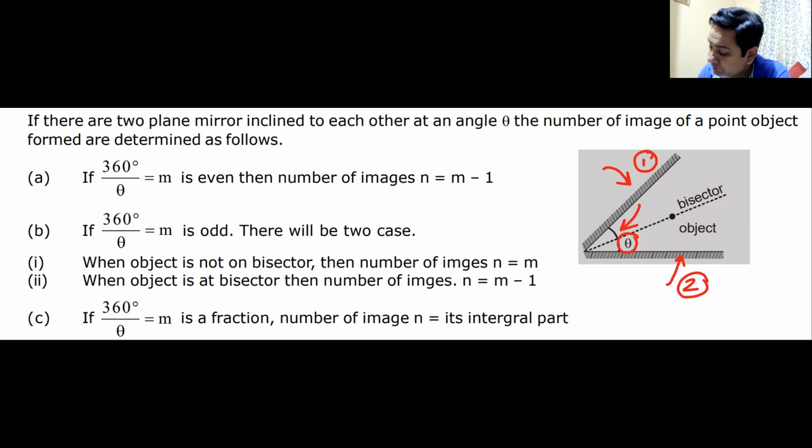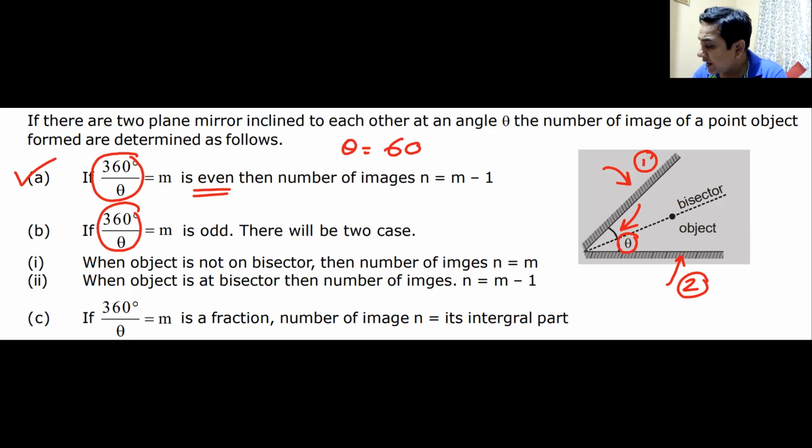For example, case A, you will have to remember this, no point in trying to understand it. We have to find 360 divided by theta everywhere. If 360 divided by theta is even, for example, if theta is 60 degrees, then 360 divided by 60 would be 6.